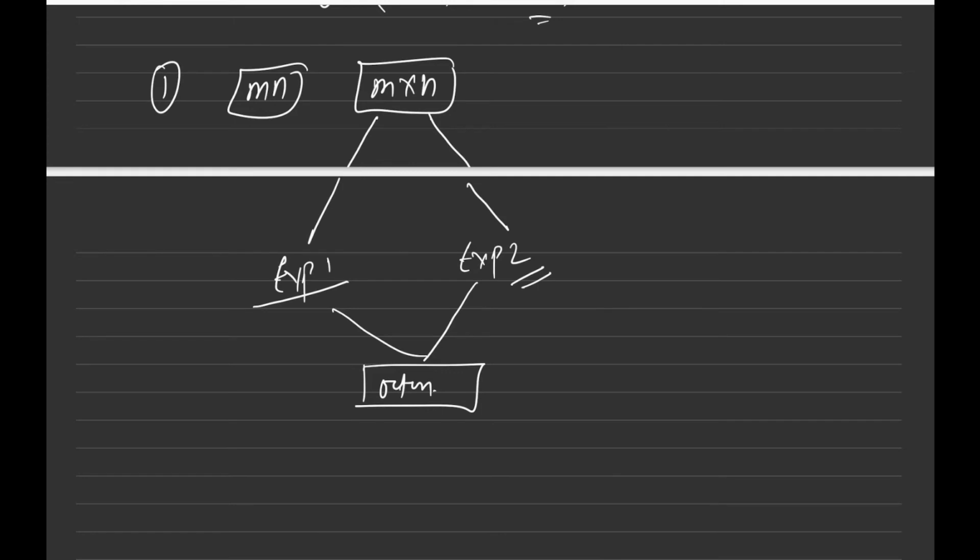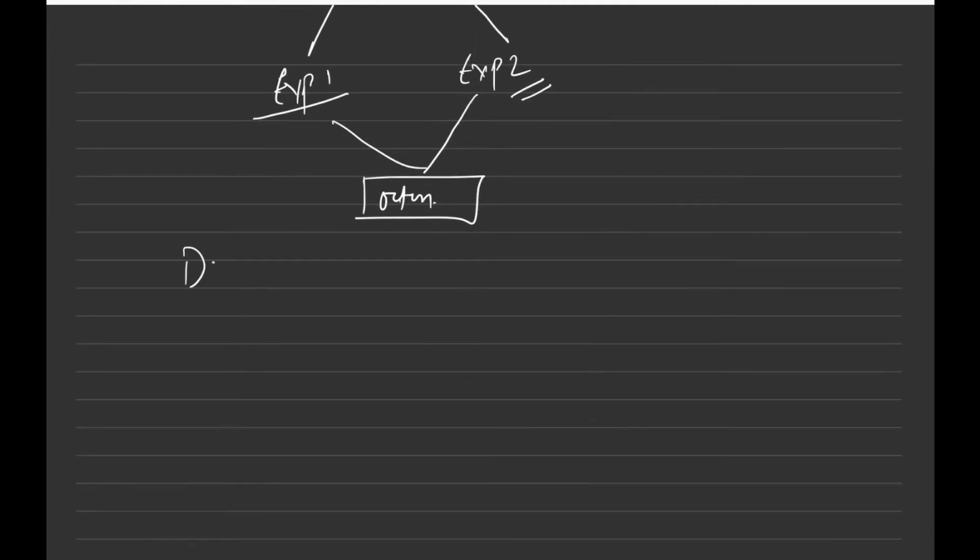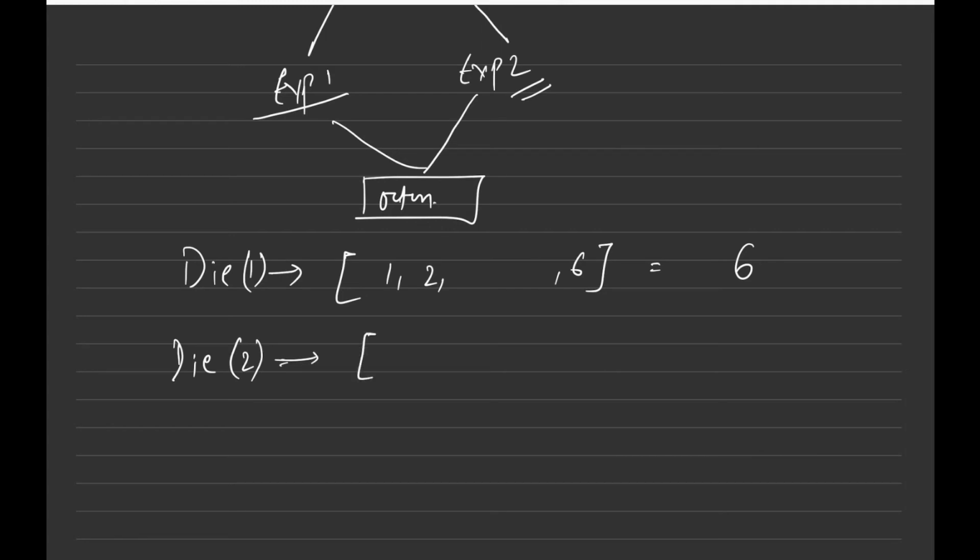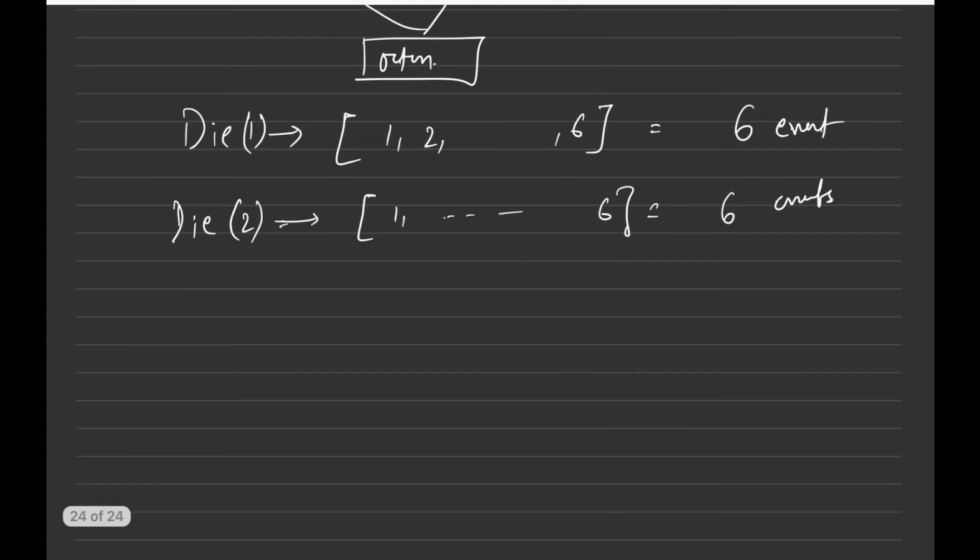You have to multiply them. For example, let's say I roll a die. What will be the possible outcome? I will say there are possible outcomes 1 to 6, that means 6. If I roll the same die again, what will be the possible outcome? I'll say 1 to 6. So these are the 6 outcomes, 6 events, and 6 events.